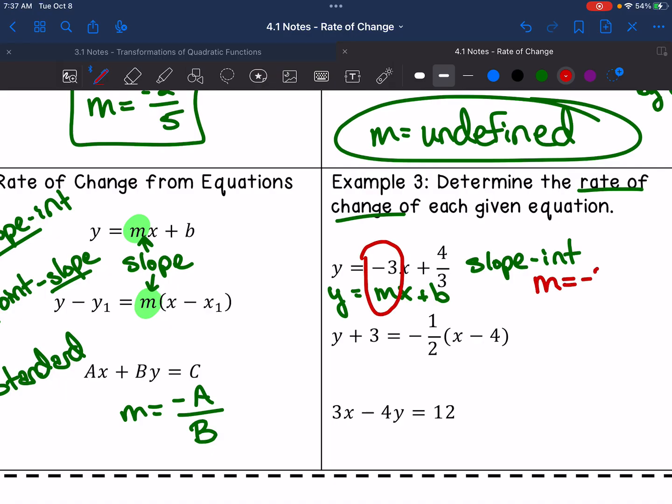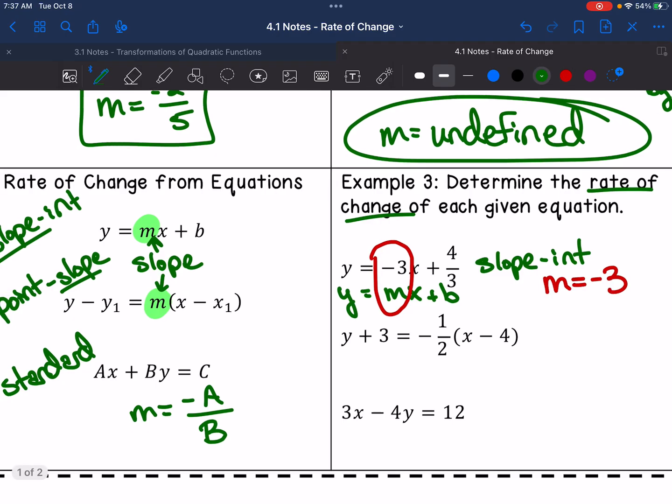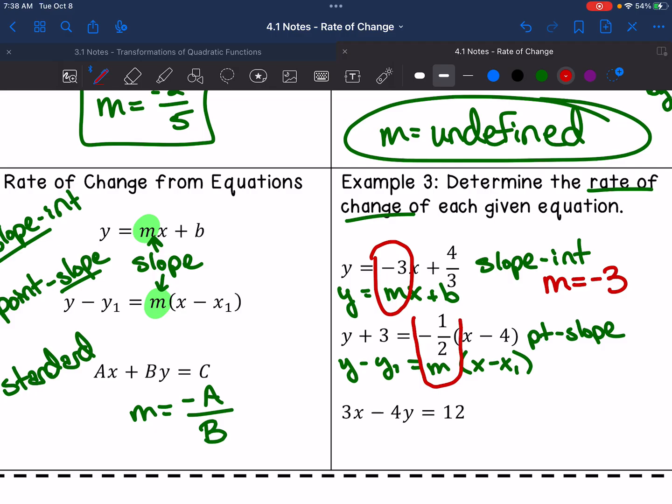So my slope is -3. My next equation is in point-slope. So that is y minus y1 equals m times x minus x1. For my slope, my m is in front of the parentheses, which is also in front of x. So my m is equal to -1/2.